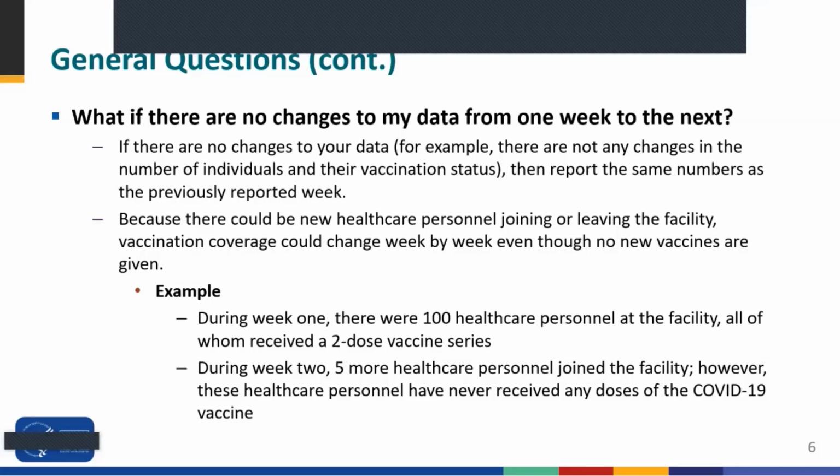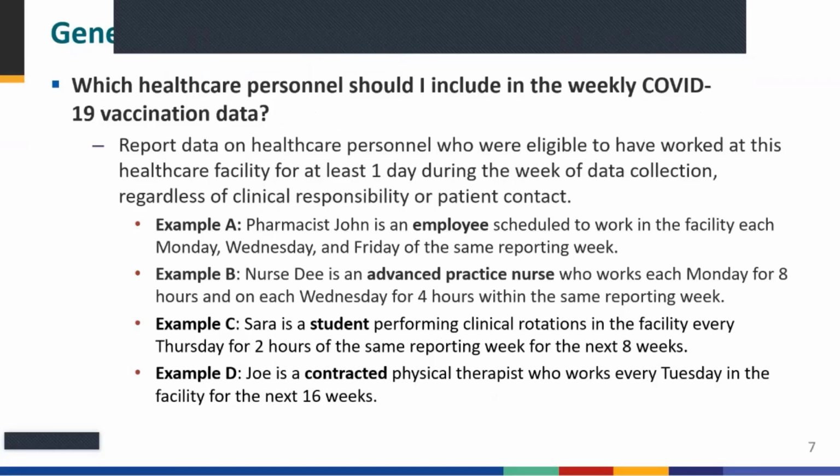For instance, during week 1, 100 healthcare personnel may be at the facility, all of whom received a 2-dose vaccine series. During week 2, 5 more healthcare personnel joined the facility. However, these healthcare personnel have never received any doses of the COVID-19 vaccine.